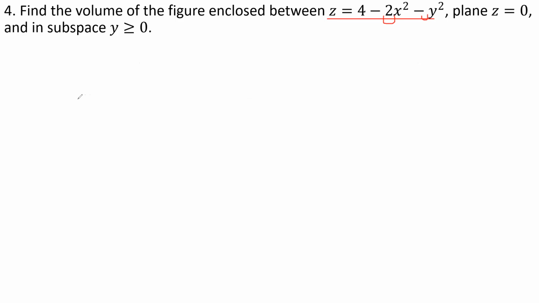So when you draw this thing, z and x will have such a view, and when you draw it with z and y, the graph will be different.